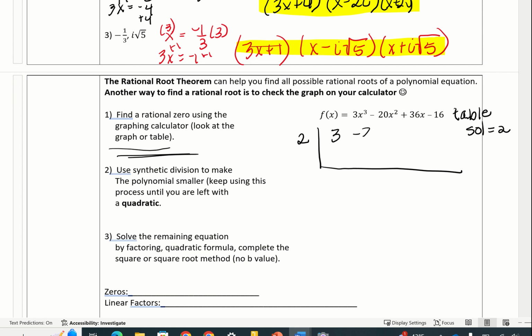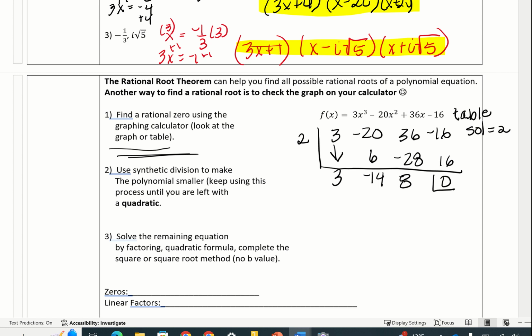So I got 3, negative 20, 36, and negative 16. I'm going to go through synthetic pretty fast because we've done it a lot, and this is just like what we did the other day. This will be a positive 8, positive 16, and we get a 0 because that is a solution.